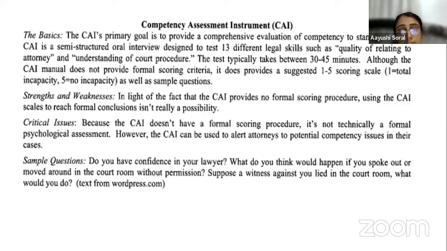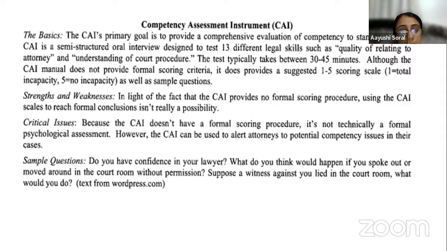The strength and the weakness: in light of the fact that the CAI provides no formal scoring procedure, because it is almost asking about the quality and the skills, using the CAI scales to reach a formal conclusion isn't really a possibility, because it is an open-ended and more subjective measure compared to the others we discussed earlier.